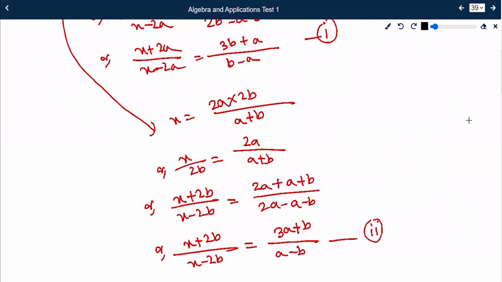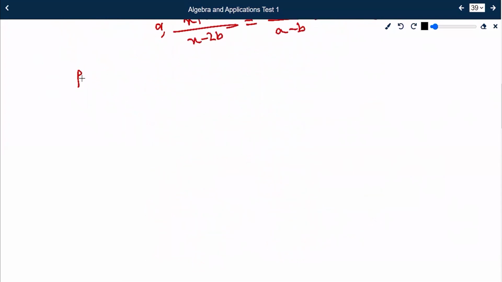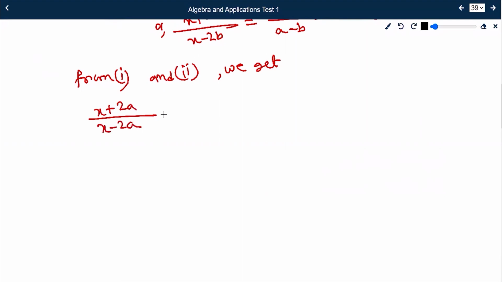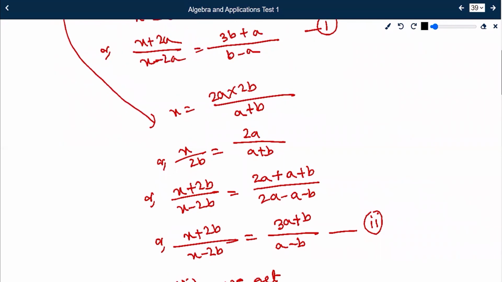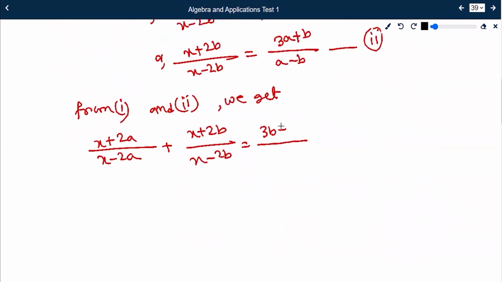Let's name it 2. Now, from 1 and 2, if we add 1 and 2, we get x plus 2a by x minus 2a plus x plus 2b by x minus 2b, and that is also 3b plus a by b minus a, and 3a plus b by a minus b.